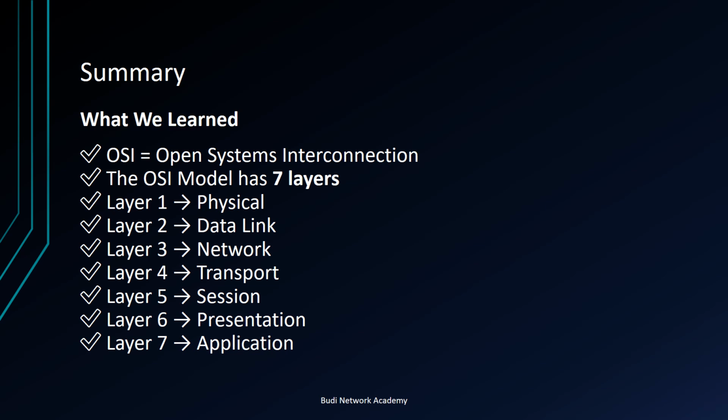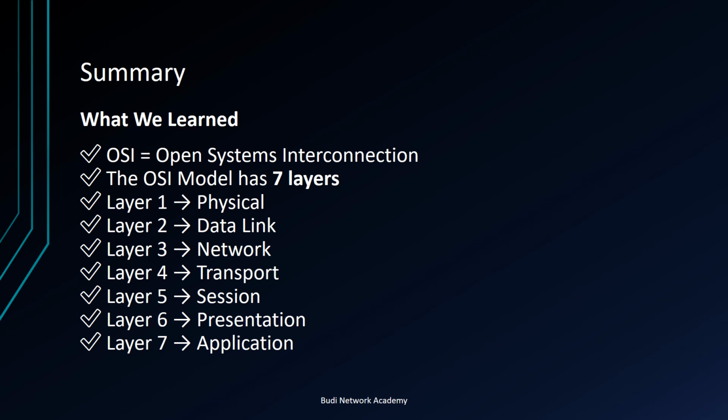Before we finish, let's quickly review what we have learned today. The OSI model stands for Open Systems Interconnection. It is a conceptual reference model that divides network communication into 7 layers. Layer 1, physical, cables, signals, and bits. Layer 2, data link, MAC addresses, Ethernet, and switching. Layer 3, network, IP addresses, and routing.